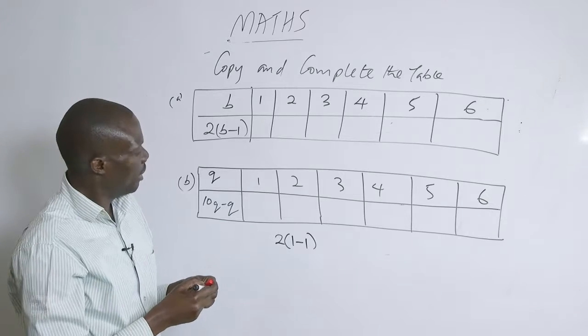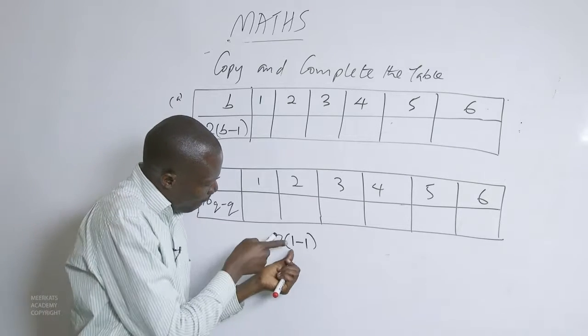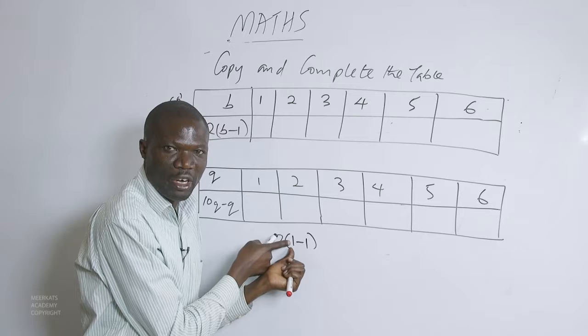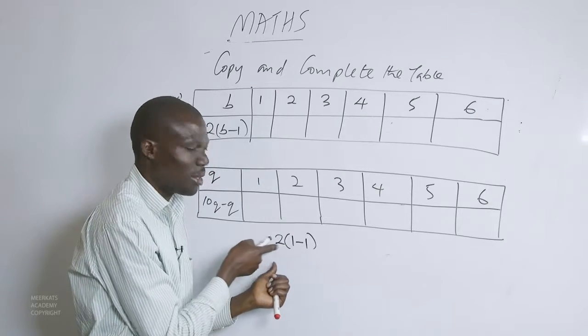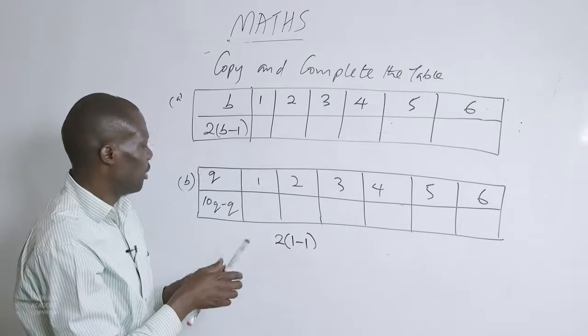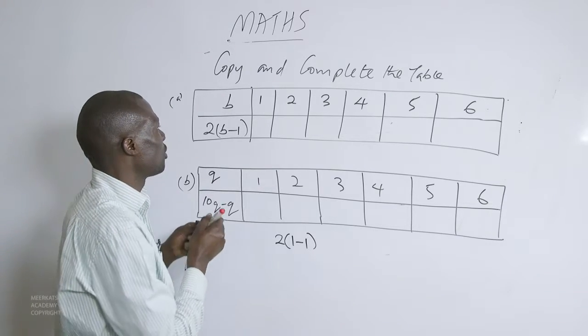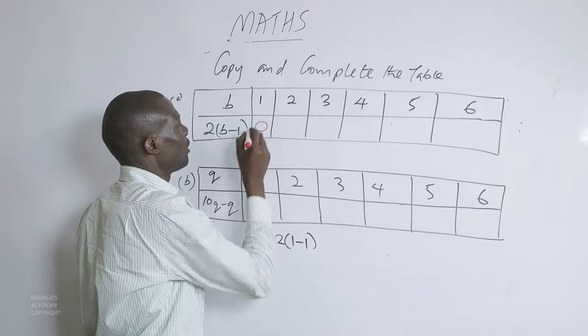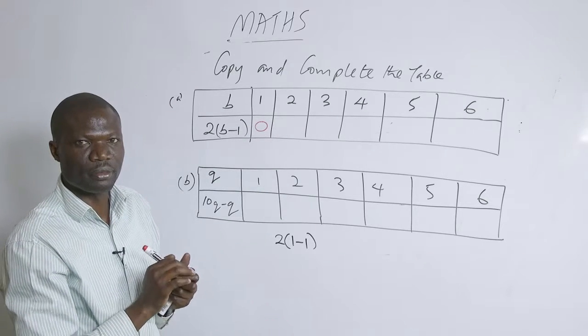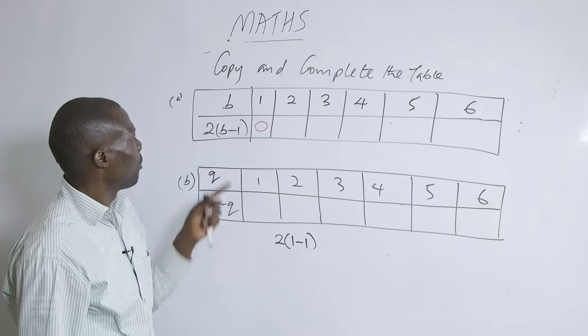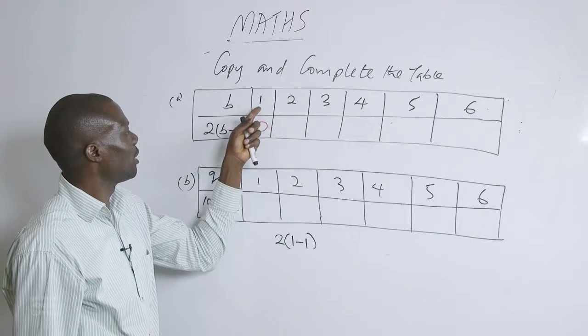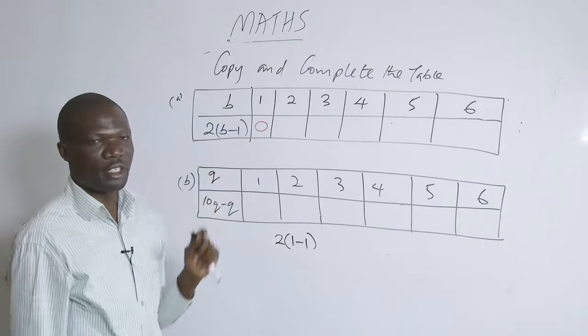This is 2, b is 1, so we have 1 minus 1. 1 minus 1 is 0. 0 times 2 is 0. So the first box, we shall fill it with a 0, because 1 minus 1 is 0, and 0 times 2 is 0.